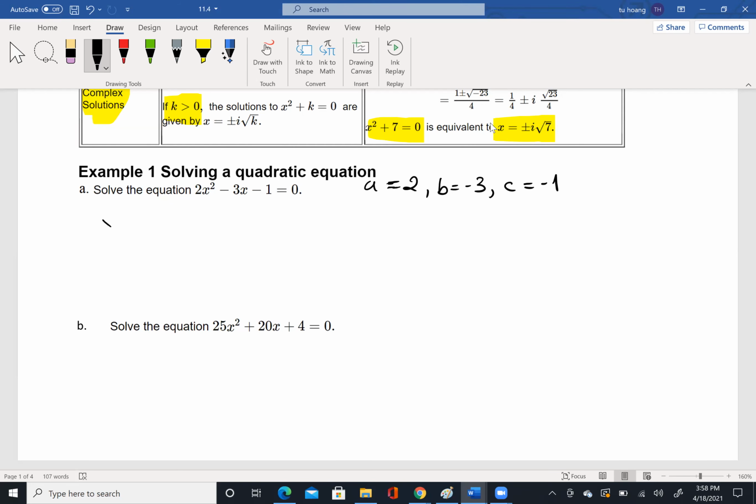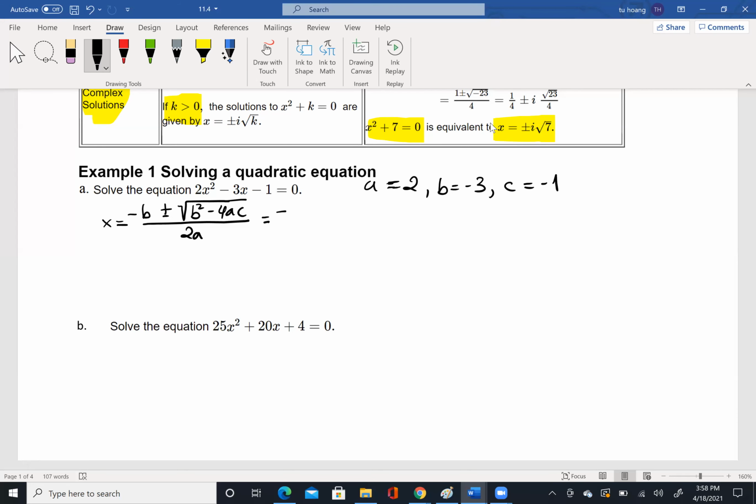I have x equals negative b plus and minus the square root of b squared minus 4ac, over 2a. Why do I write it like this? Because I want to keep rewriting the formula so I can remember it. Now it's time to apply.